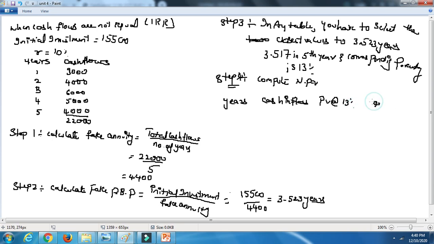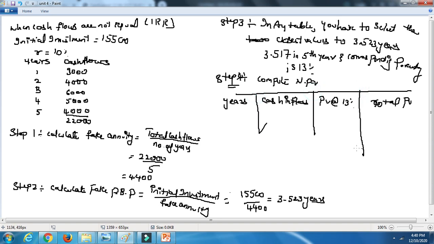Similar to what we have done in our previous classes. You need to do the similar thing, but we are using 13% as the interest rate over here. Years one, two, three, 4, 5.